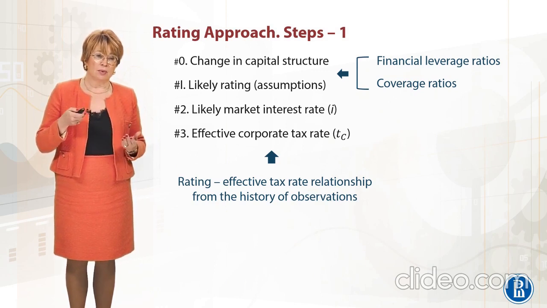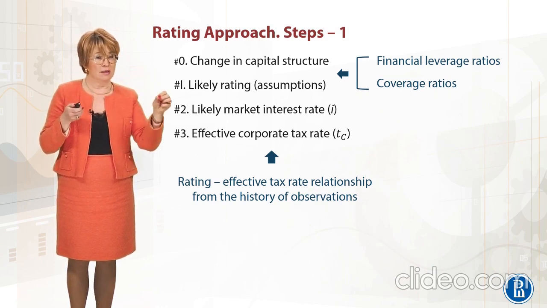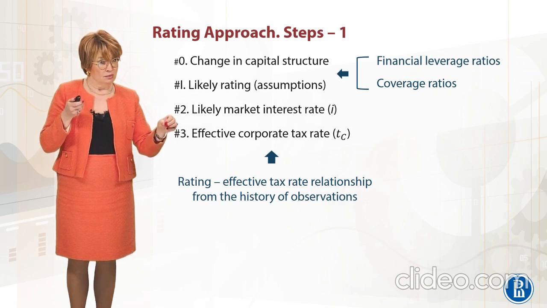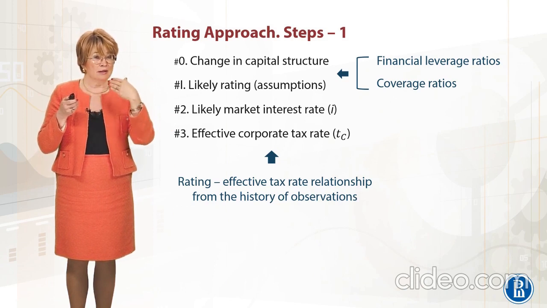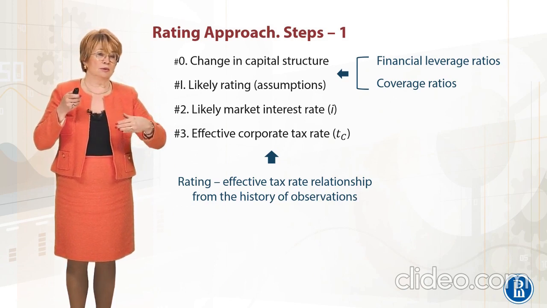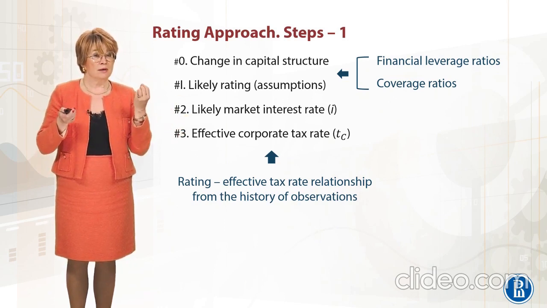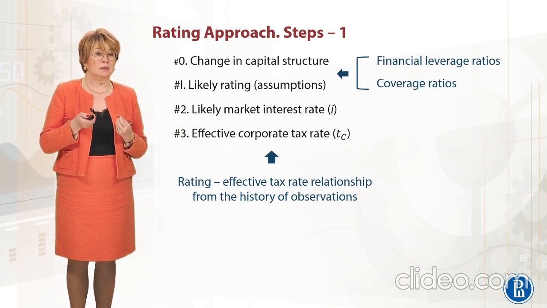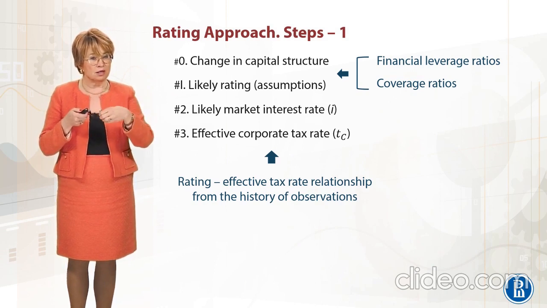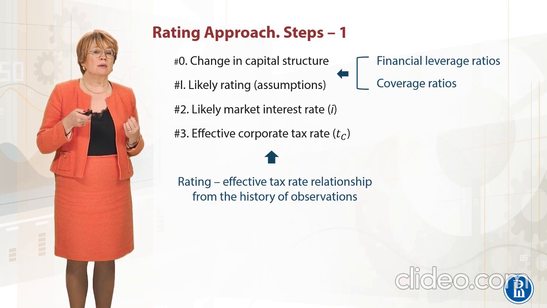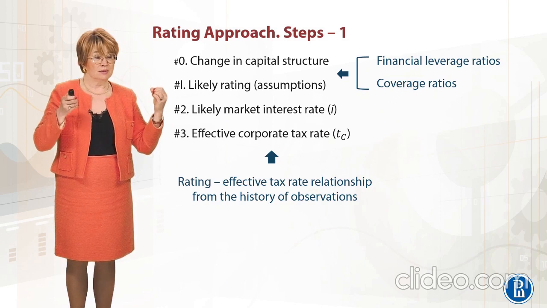Next, third step. Of course, you need to apply your tax shield coefficient. You need to multiply the product of your step number 2 by 1 minus the corporate tax rate. Again, the effective corporate tax rate, which reacts to the level of interest expense, which shelters the income against taxation. It can also be observed how the effective tax rate changes when the rating group or the rating class changes.